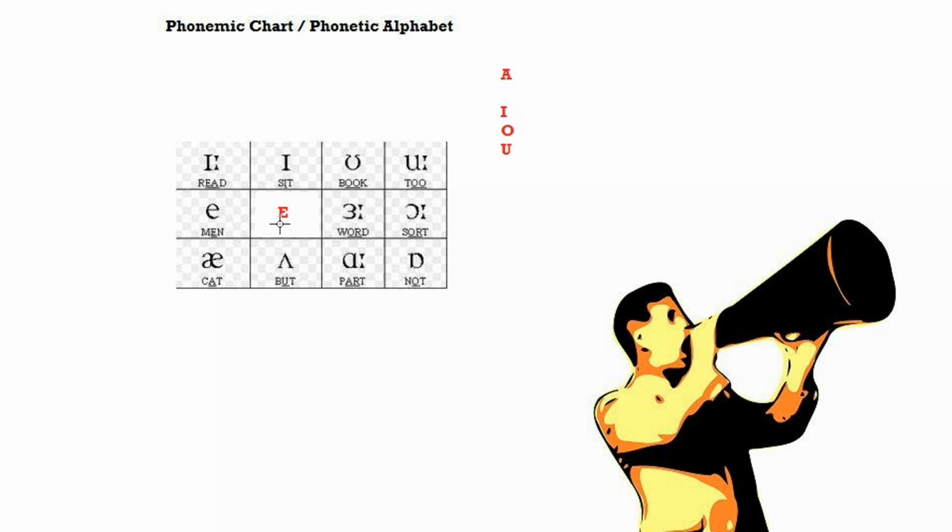But it's not quite as wide. The mouth is not quite as wide when you pronounce it. So it's not A, but it's E. Of course, it's not as long as the sound of word or world. Therefore, we place it right here in the middle.